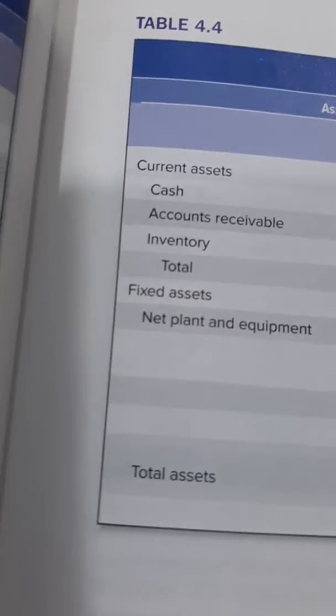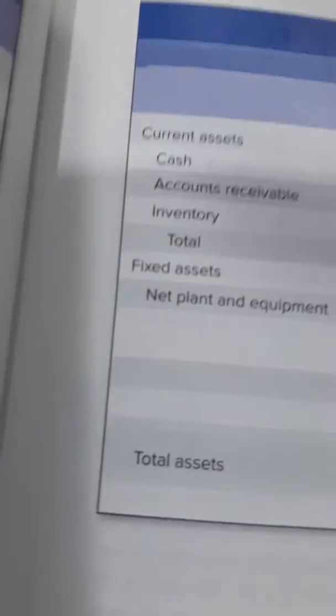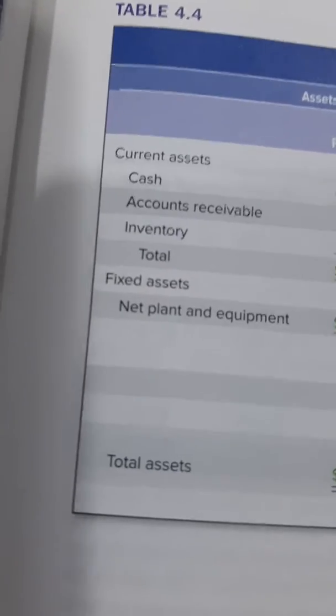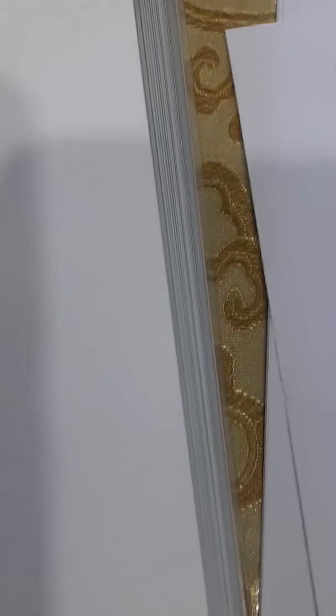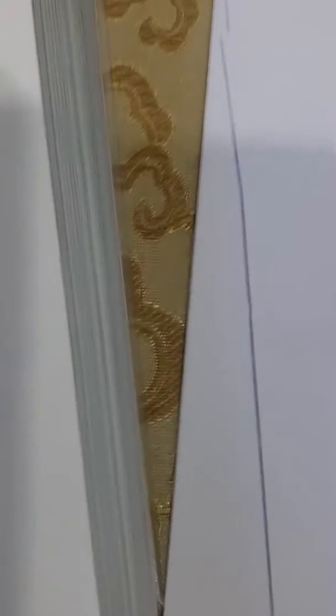Proton factory. Proton, the company that produces cars. Let's say, for example, I'm trying to explain to you the concept of what is meant by operating at full capacity.